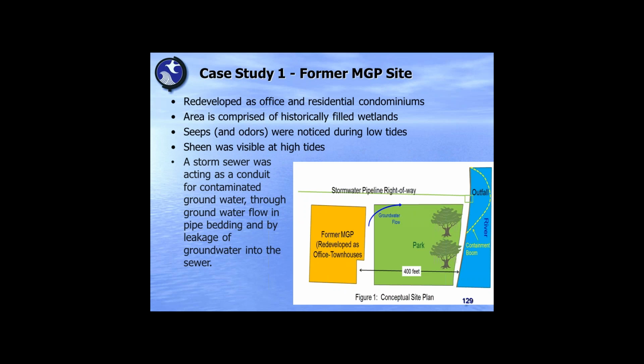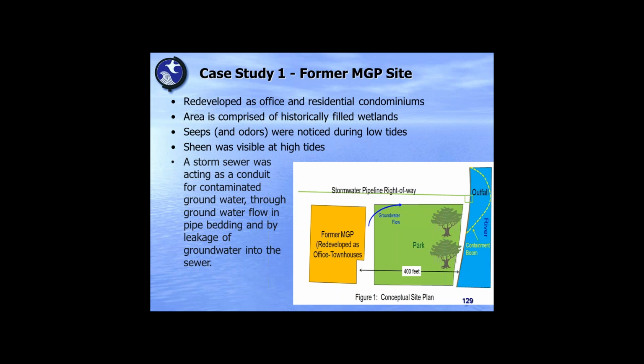The area is composed of filled wetlands, which also might be typical of New Jersey, of course. Oftentimes, you don't need to do a lot of work to find out where the discharge point is because you have visible seeps or staining on the surface water body as a result of the discharge, and that certainly was the case in this particular case study.